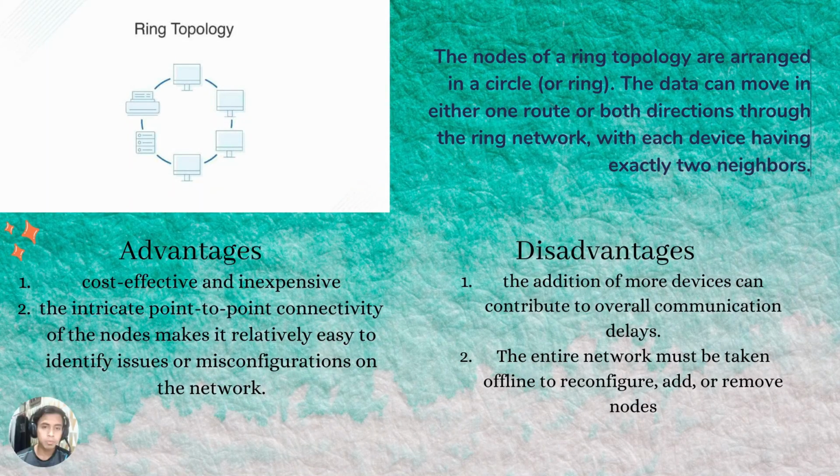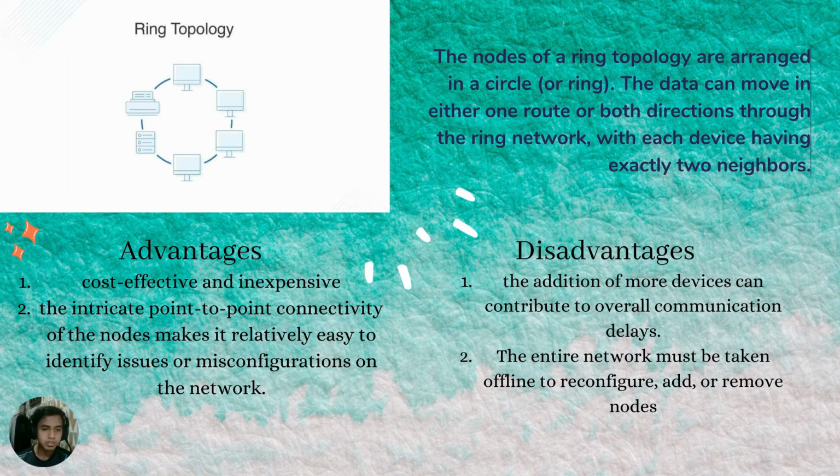So next is ring topology. The nodes of a ring topology are arranged in a circle or ring. The data can move in either one direction or both directions through the ring network, with each device having exactly two neighbors. The first advantage for ring topology is that it is cost-effective and inexpensive.